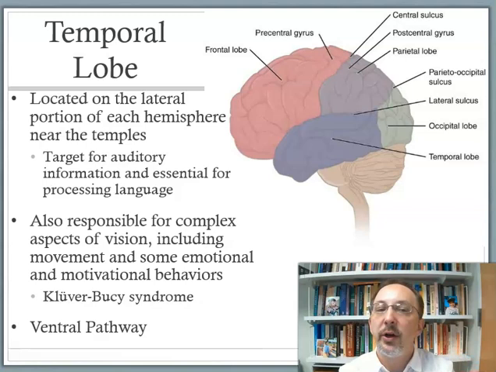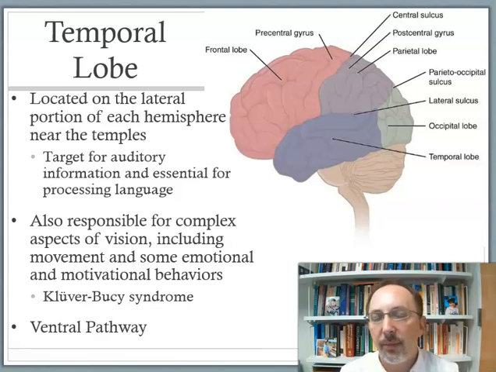I know that sounds weird, but brain surface is so important. We've got these nooks and crannies in the brain. It's called the insula. That's inside the Sylvian fissure, where there's more cortex. Well, we have our left and right auditory cortex processing information, and it's also responsible for complex parts of vision, including movement and some emotion and motivational behaviors. So there's a lot more happening here.